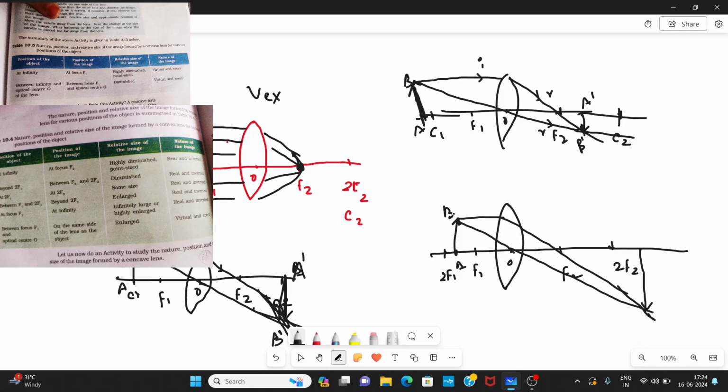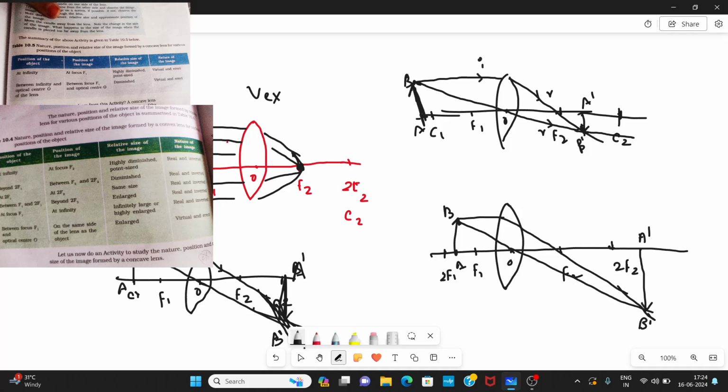A, B, A dash. The image is going to be beyond 2F2, and it is going to be inverted and real, and it is going to be enlarged or bigger in size.